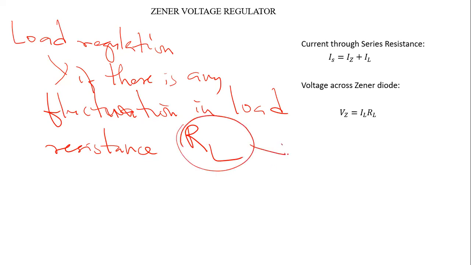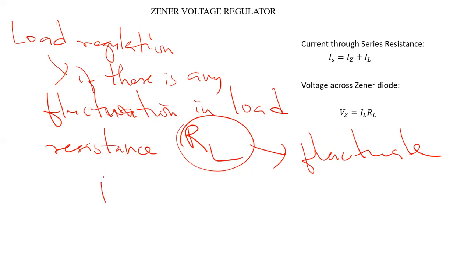RL value can fluctuate. Load resistance, as I said today in the morning, is just the equivalent resistance of your instrument, your electronic gadgets. So yeah, after long duration of use, they can vary, right?